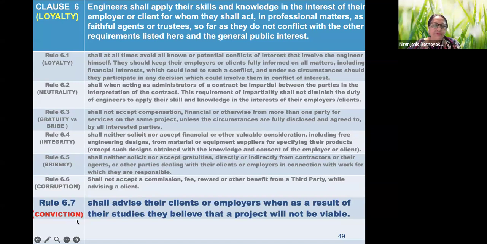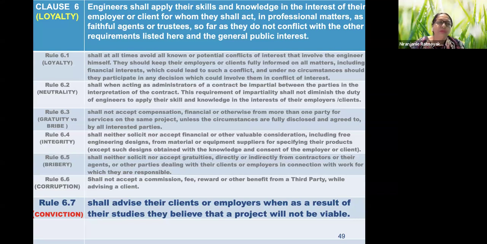6.7, conviction. You have to be convinced that you are doing the right thing. Shall advise their clients or employers when, as a result of their studies, they believe that a project will not be viable, right? As an expert in your own field, you know that if it's done the way the client is expecting, it will not be viable, then you have to come out with it.